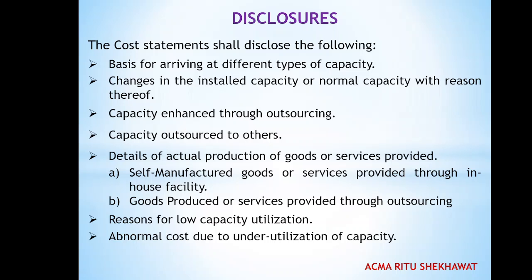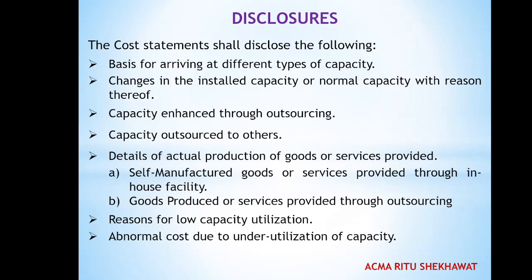Changes in the installed capacity or normal capacity with reasons thereof. If there are changes in installed or normal capacity, we have to mention the reason in our report. For example, the pandemic COVID situation every industry has faced. There were changes in installed capacity and normal capacity, because for 5 to 6 months factories were shut down and machines had not gone for maintenance, so machines got stuck also.